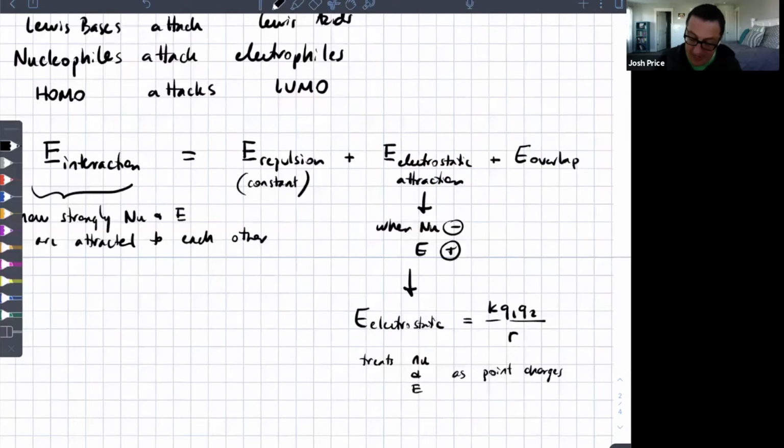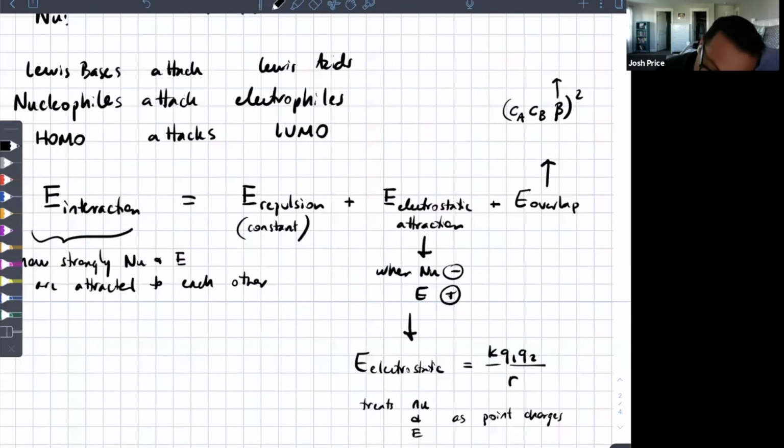And this term is concerned not with the charge on the nucleophile and on the electrophile, but with the orbital coefficient on the nucleophile, the orbital coefficient on the electrophile, and a term beta, which we don't need to define and you don't need to worry about memorizing, but this basically describes the extent of overlap in space, how well two orbitals overlap with each other.